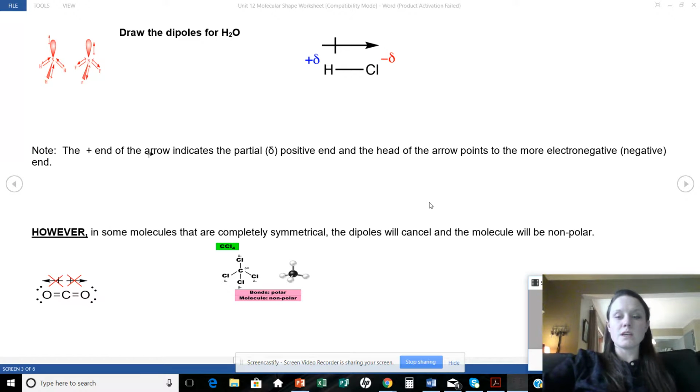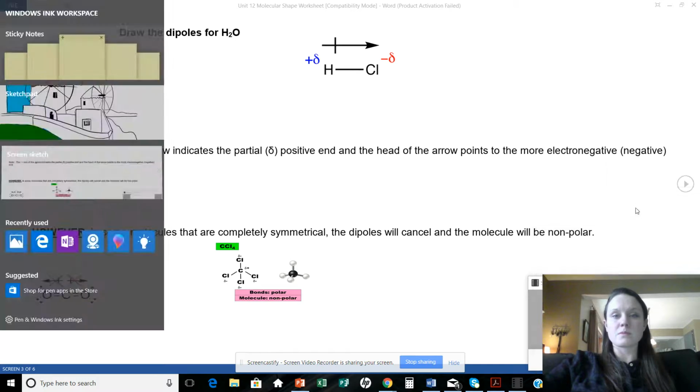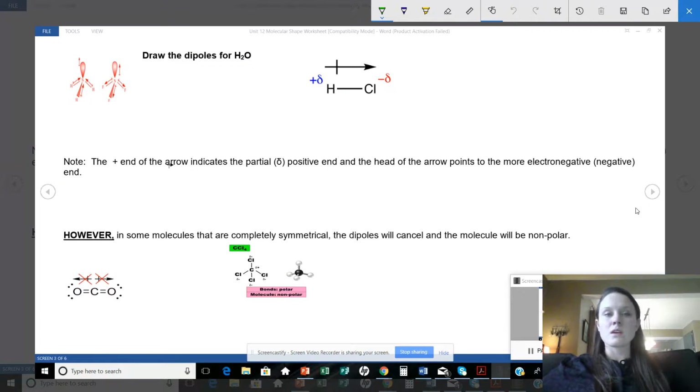If you look at this page of your packets, all a dipole is, is one of these arrows with a positive sign at the very end of it, okay?